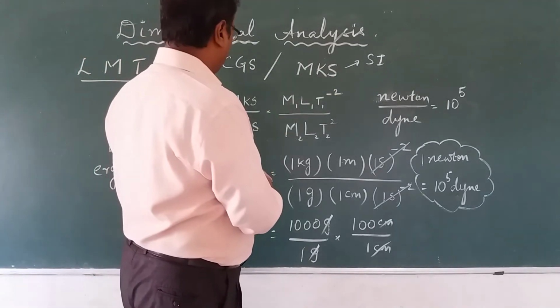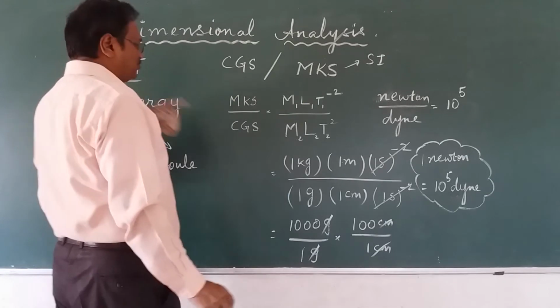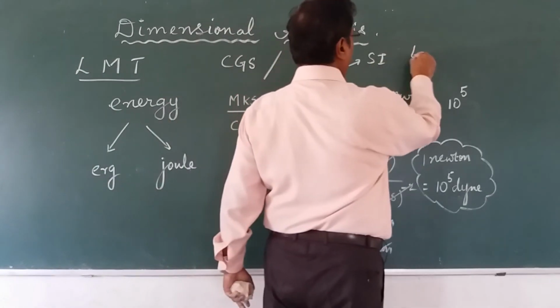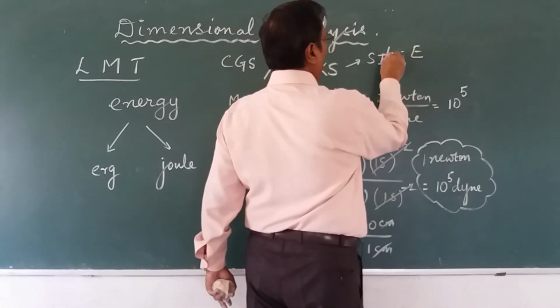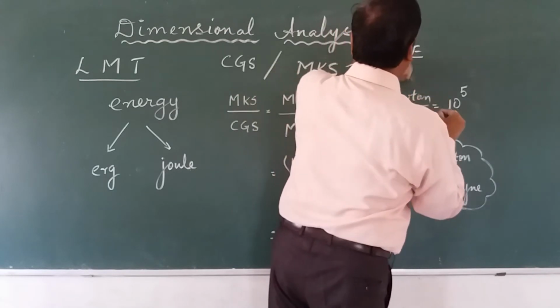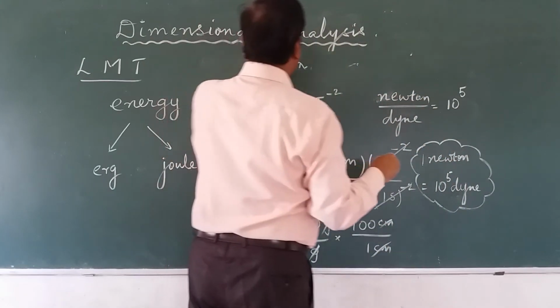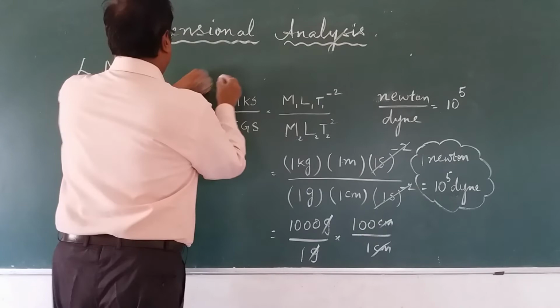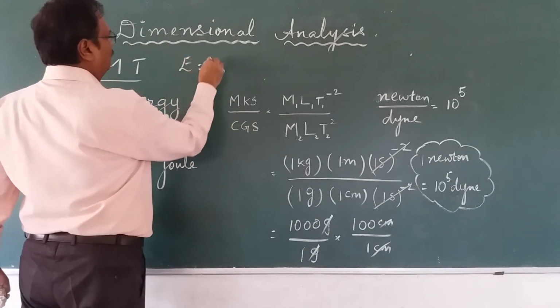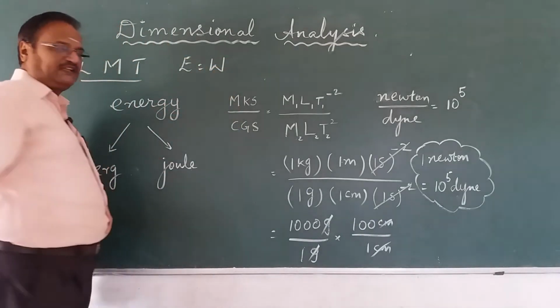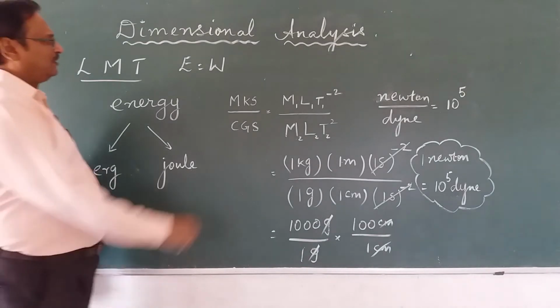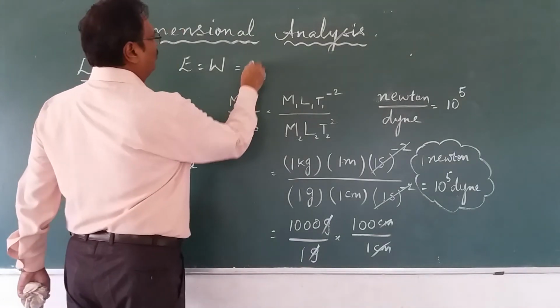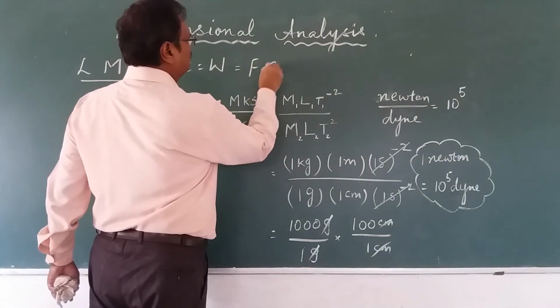So what I am going to do is the energy. What is energy? Energy is nothing but work done. I know that energy and work are two sides of the same coin. So that is equal to force multiplied by displacement.